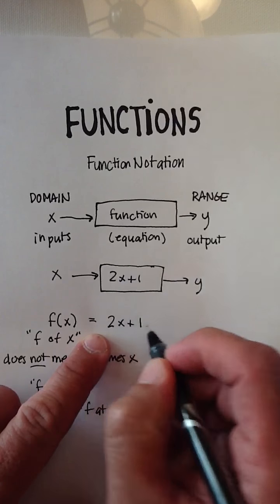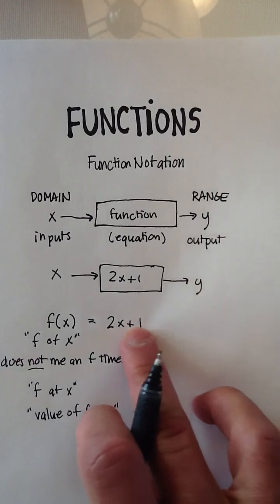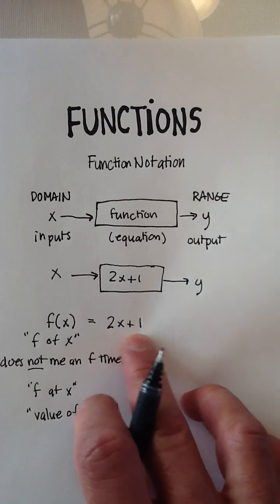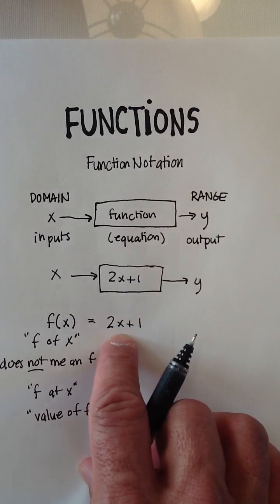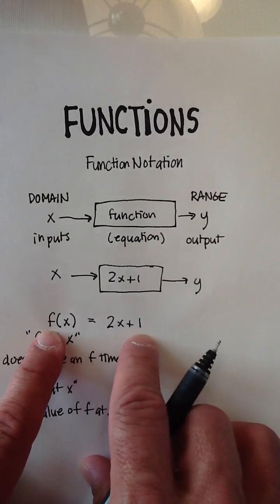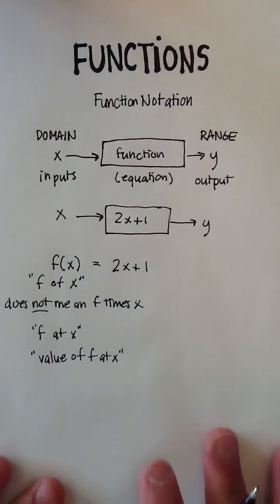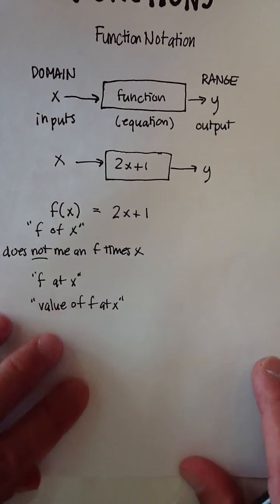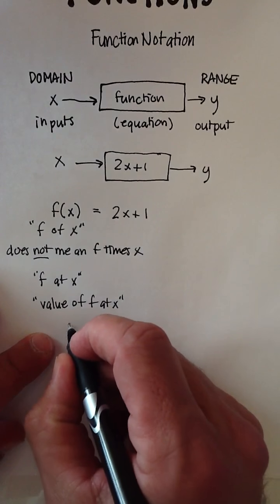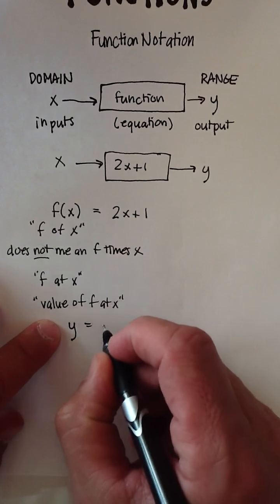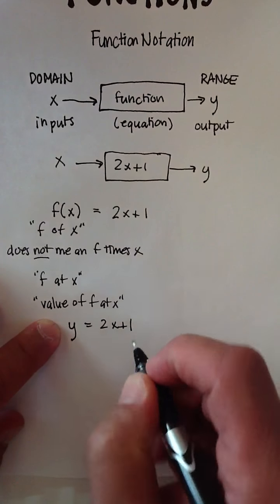So in this particular function, we'll just say 2x plus 1. Okay? So that's how you write it. Right? F of x is equal to 2x plus 1. Now notice that that's fairly similar to writing an equation like this: y is equal to 2x plus 1, right?